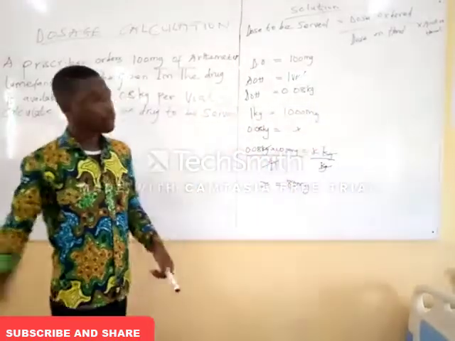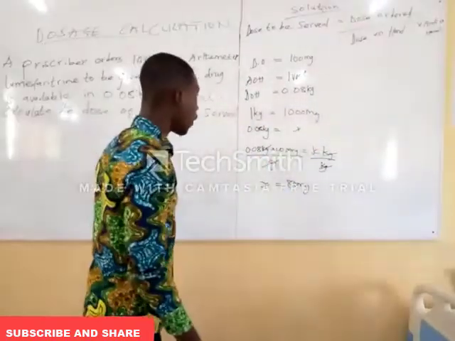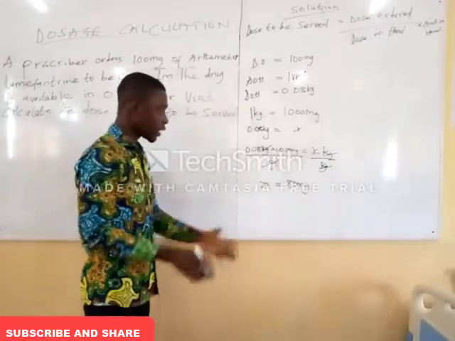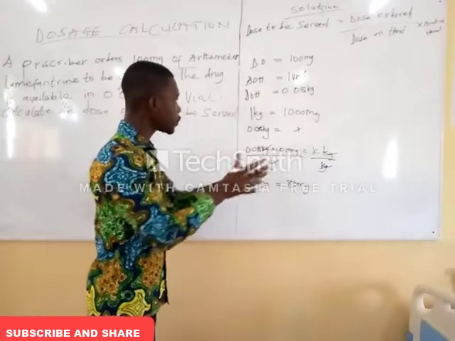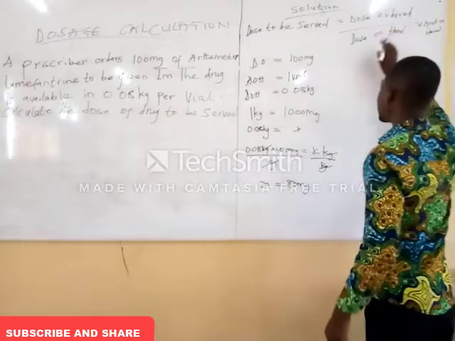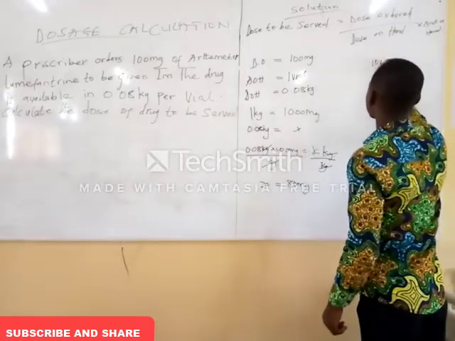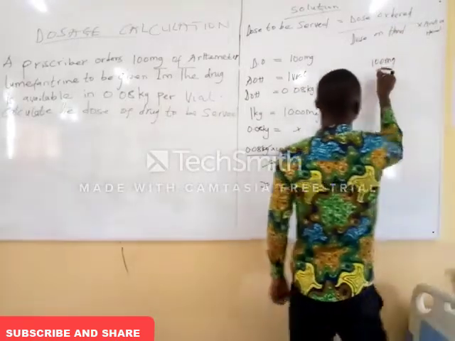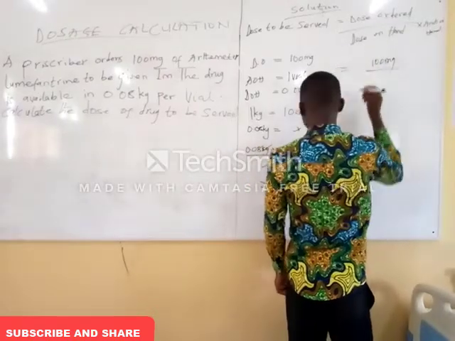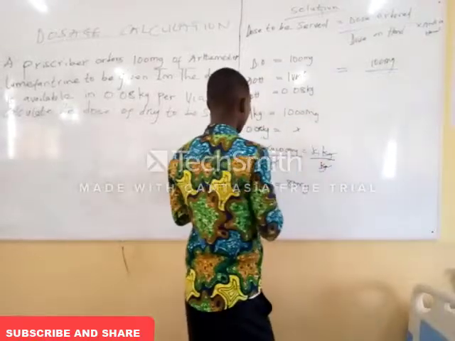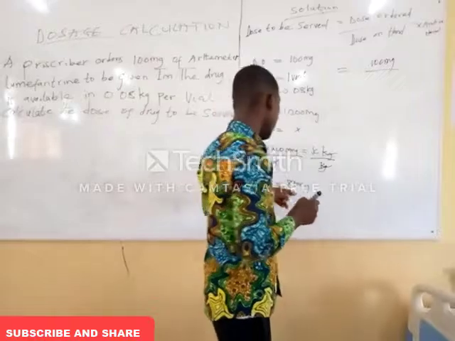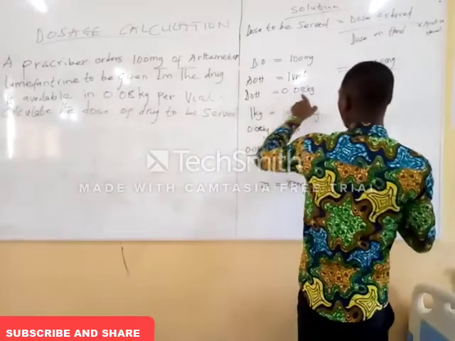So now we have converted our kg to mg. Now we can fix it into the formula. The dose ordered is 100 mg over the dose on hand, which was a bit confusing, but we have been able to convert it, is 80 milligram, not the 0.08.